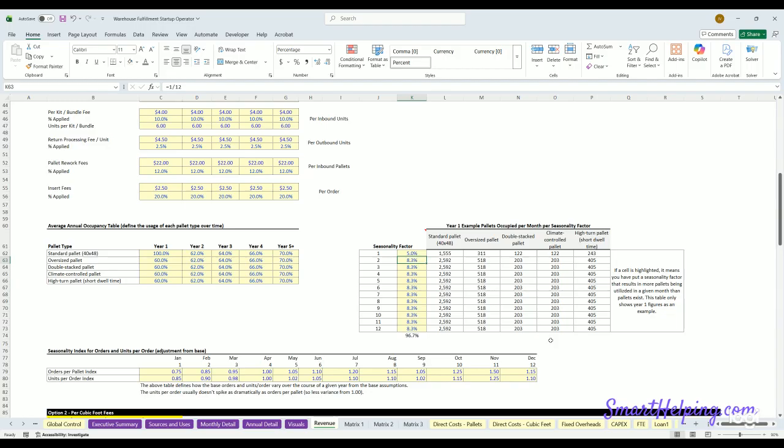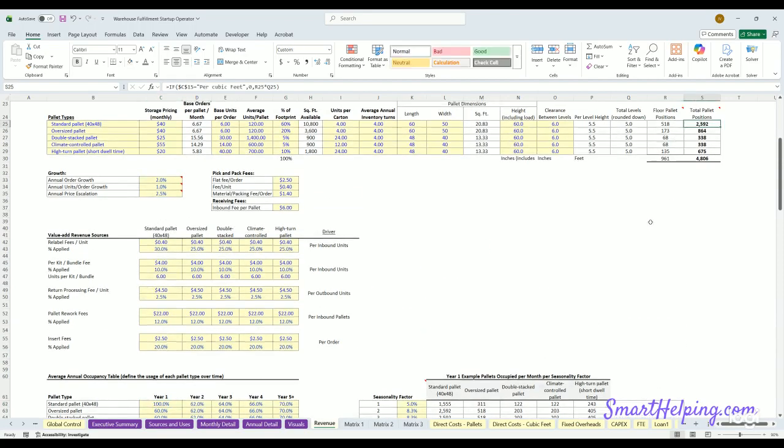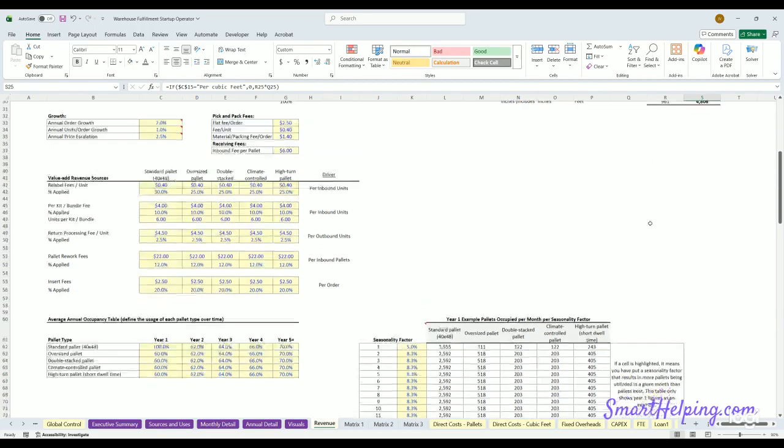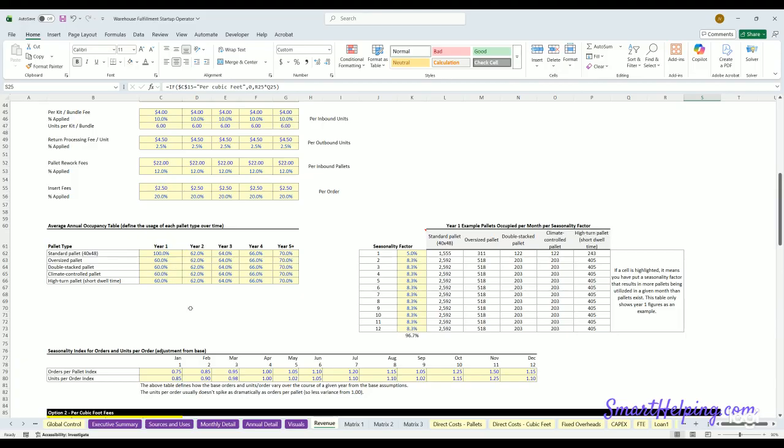You can have months that are less than that, but on average, we're saying that we're going to sell 2,600 positions every month of the year. There's essentially no space to have more than that.